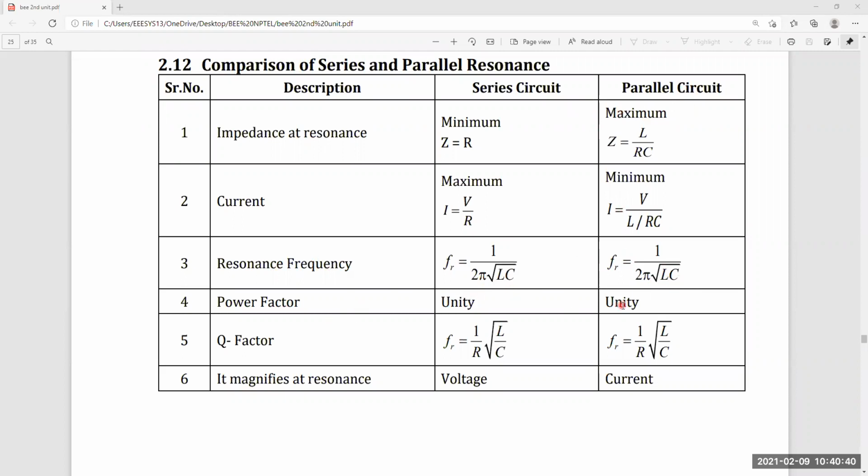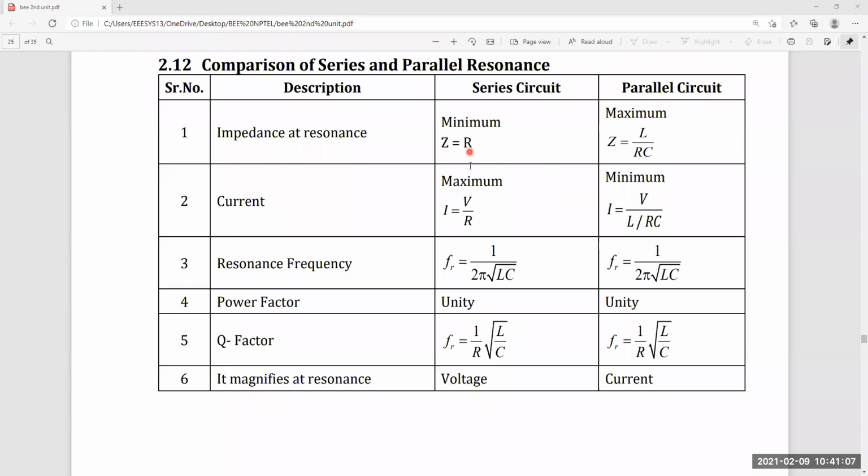Power factor is unity in both. Q factor is equal to 1 by R into root L by C, also the same. So the only difference between series and parallel is impedance and current.